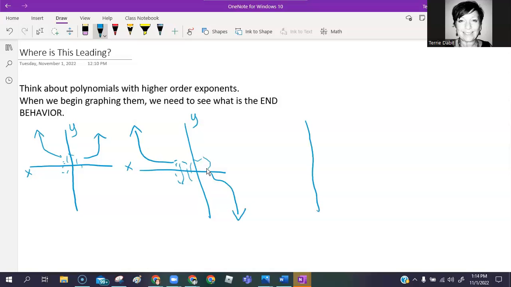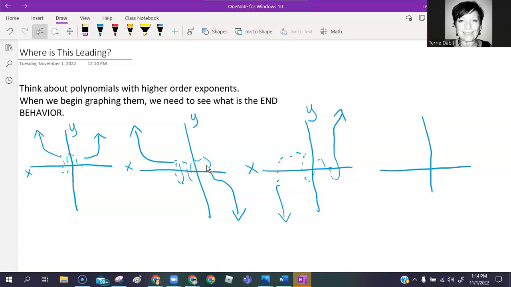We have another version where maybe the left side started from the bottom, and then something might be happening here. We don't know, but the right ended up going up.